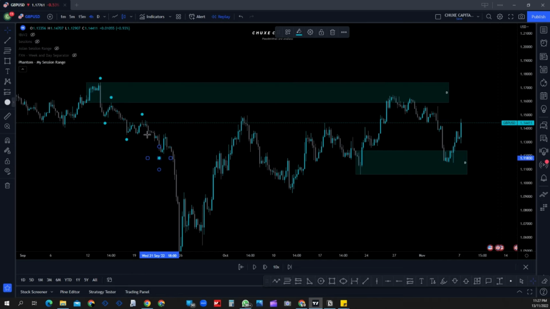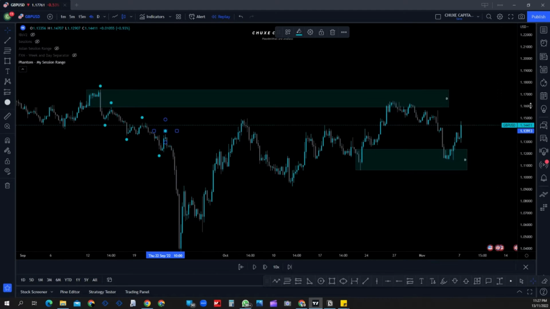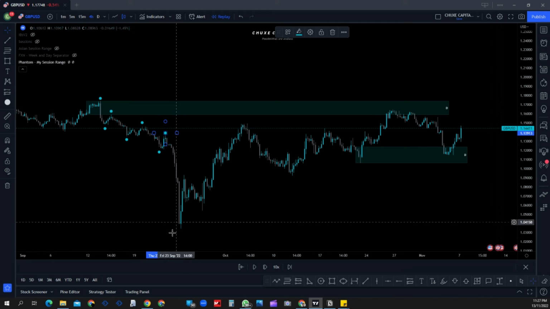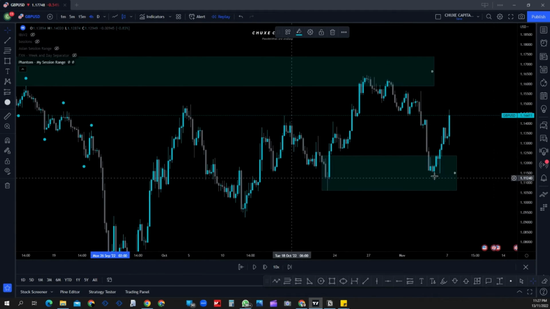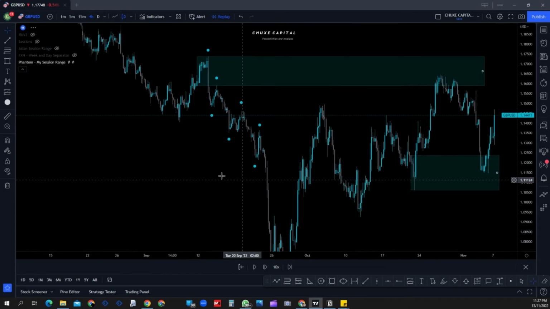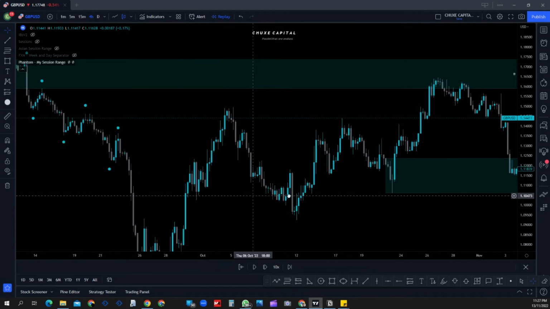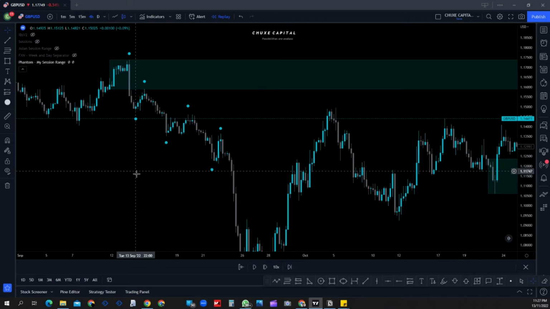We have a low, we have a high, and we have a low right here. Based on that, we have breaks of structure here.